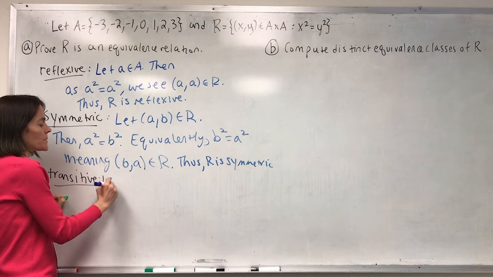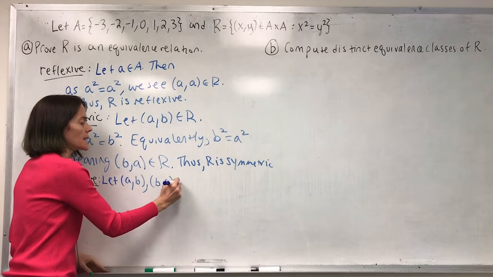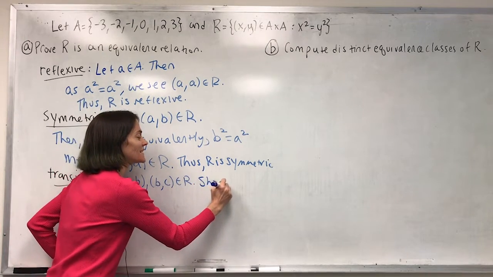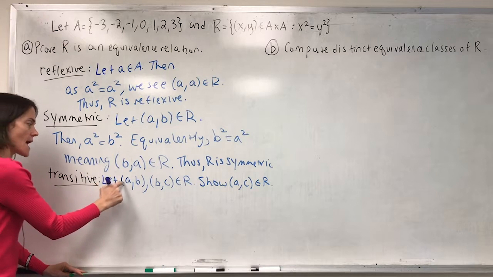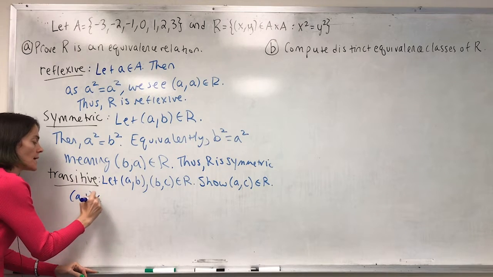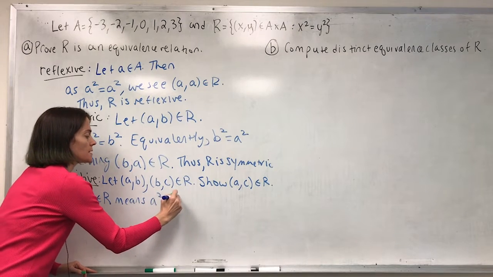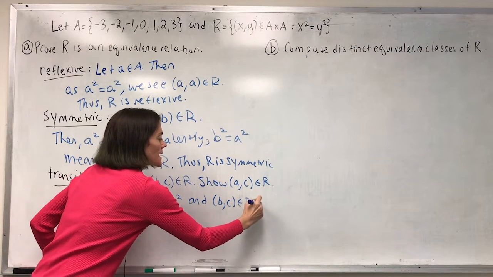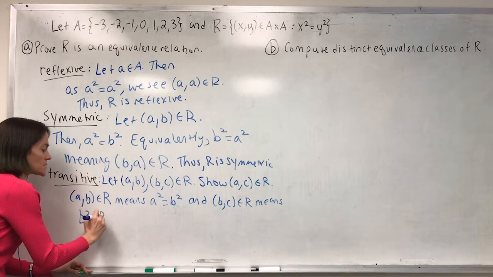For transitive, we need to begin with (a, b) and also (b, c) in R. We need to show that (a, c) is in R. We need to unravel what this means. (a, b) in R means that a squared equals b squared, and (b, c) in R means b squared equals c squared.